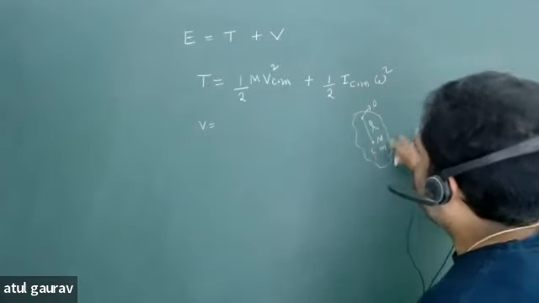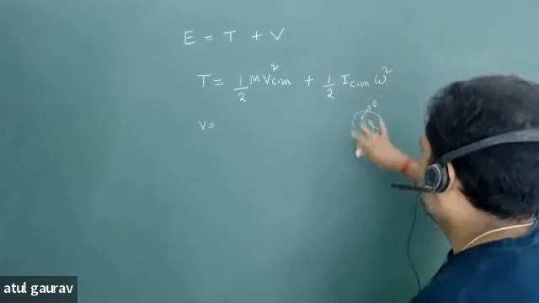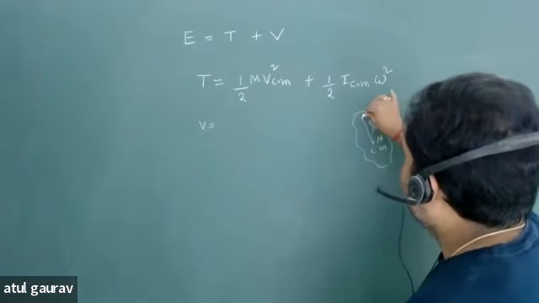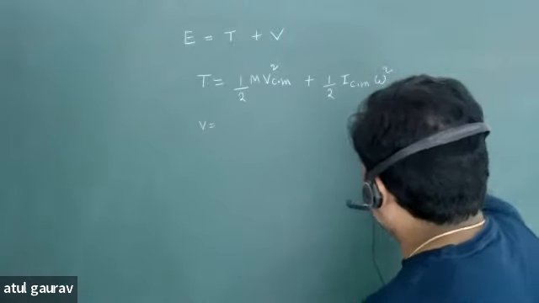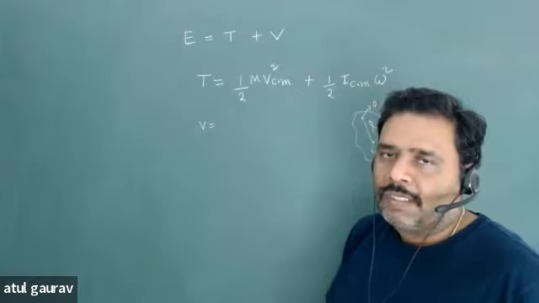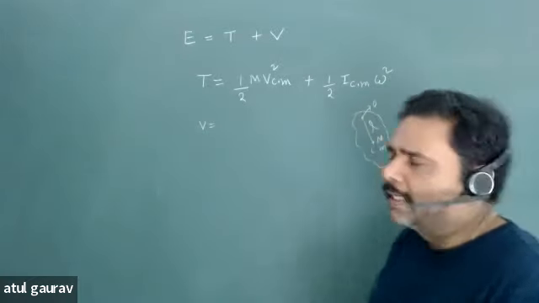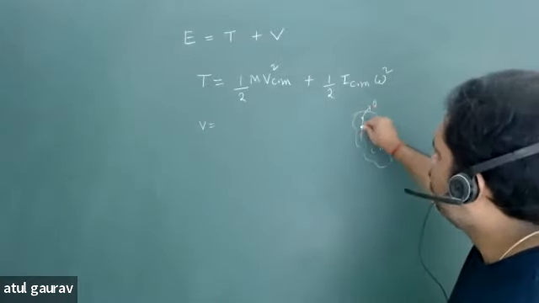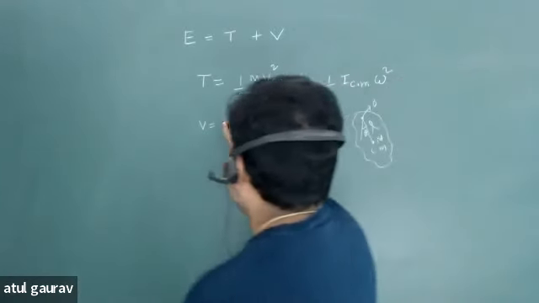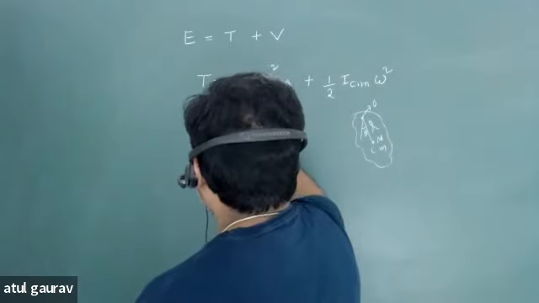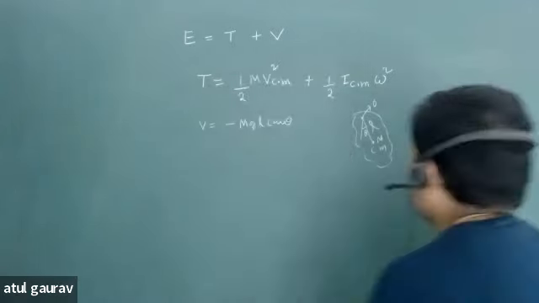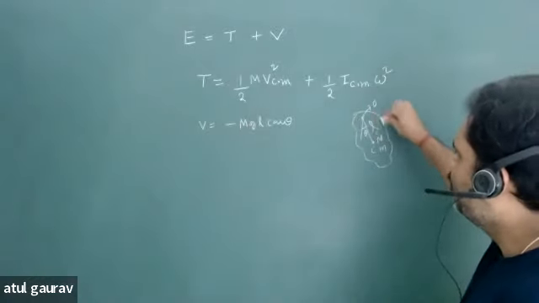You just forget all the shape and size of the body. You have to just see how this mass changes, and then you can replace it with particle dynamics. Suppose you are doing some compound pendulum type of thing, then obviously this angle will be theta, and you can write your potential energy as minus mg L cos theta. You can easily use this particular thing. So this is L, and what is L?